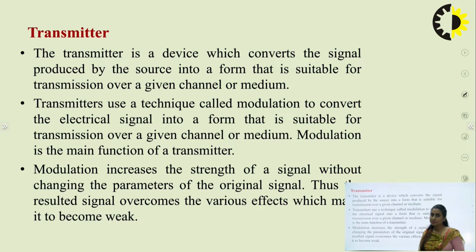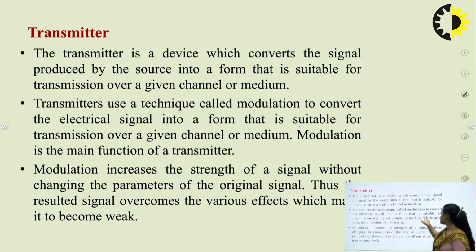Transmitter. The transmitter is a device which converts the signal produced by the source to a form that is suitable for transmission over a given channel or medium. Transmitters use a technique called modulation to convert the electrical signal into a form that is suitable for transmission over a given channel or medium. Now, modulation is the main function of a transmitter.